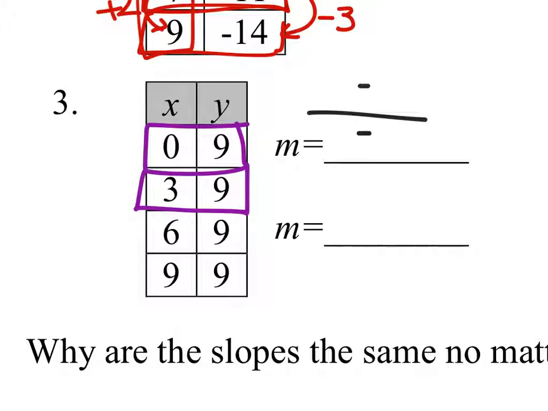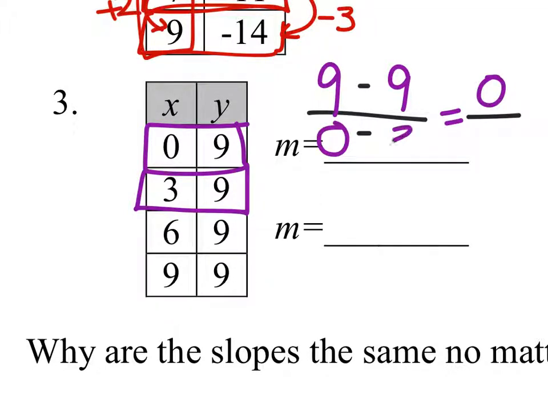The y value that we started with was 9, and then we went to 9, which is a difference of 0. What about the x's? We started with 0, and then we went to 3, so that's 0 minus 3, which is -3. 0 divided by -3 is 0. You can put that in a calculator if you need to, that's okay.